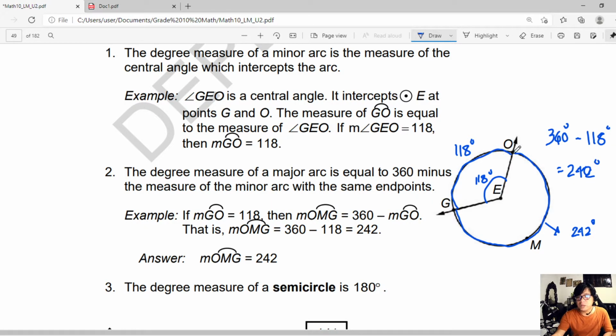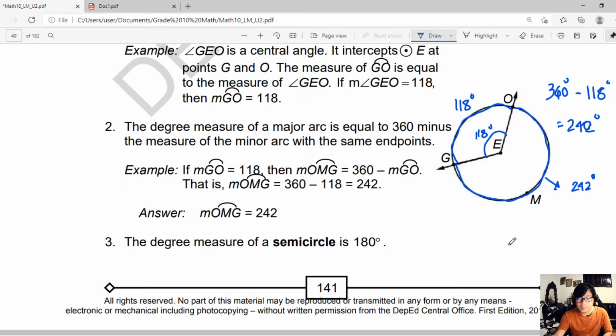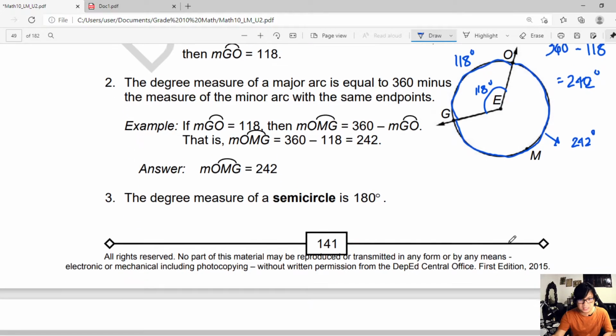So, para makuha yung other arc, ang gagawin lang natin is subtract lang natin yung measure ng na-identify natin na arc para makuha yung measure ng other arc sa 360. I-minus lang natin siya sa 360. So, always remember that the measure of the circumference of a circle is equal to 360 degrees.